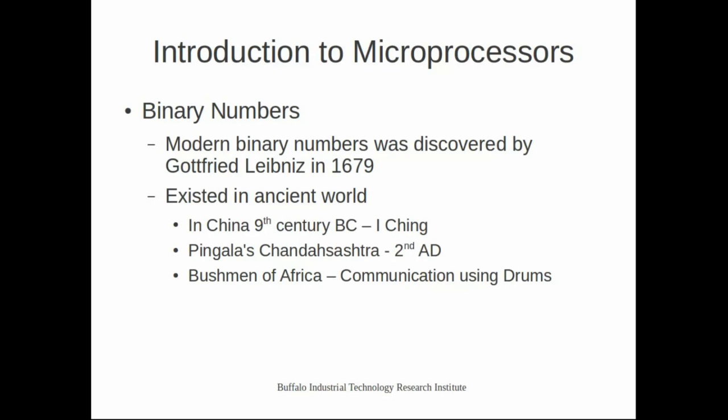We can convert a decimal number into binary by repeatedly dividing it by 2 and taking the remainders in reverse order. This binary number system forms the basis of processing numbers in modern computers.